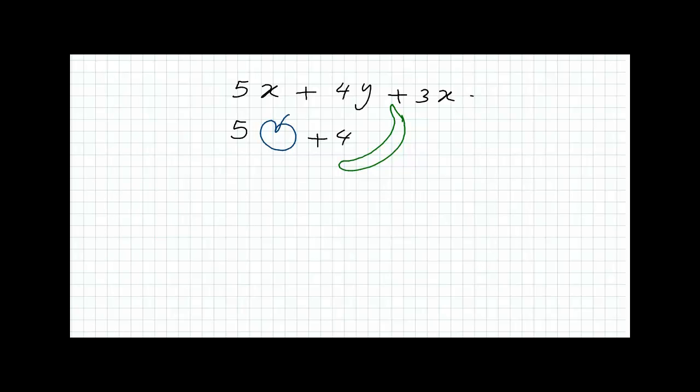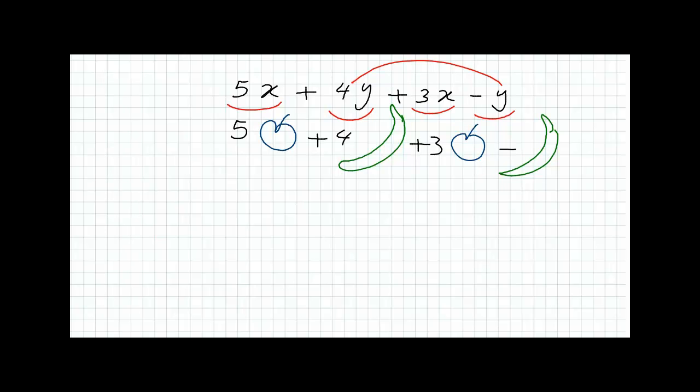3x minus 1y, this can mean that I have also 3 apples and I am subtracting 1 banana. So you can say here that you are having like terms because these are apples and these are apples also. And also these two are alike because both of them are bananas.